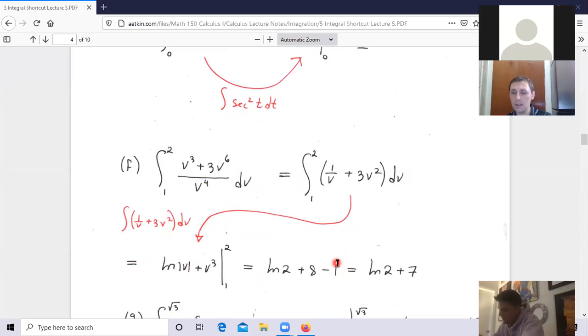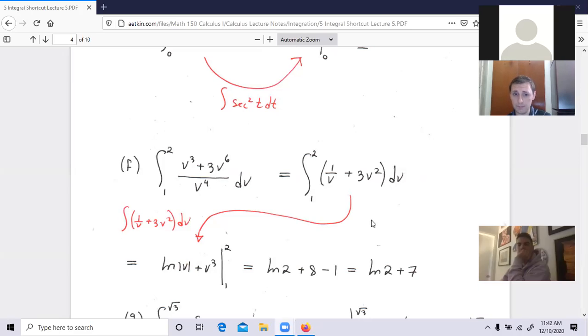Yes? ln 2 plus 7. So confirm if you understand how that's supposed to work. Are you following, guys? If you want to do it slower, you can go to office hours. That's possible. Good.